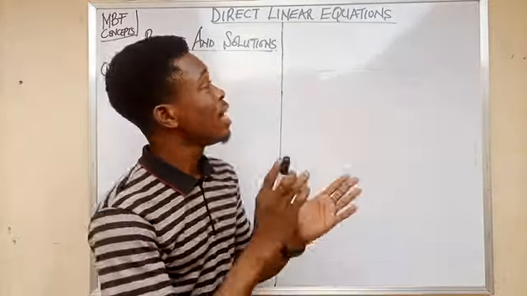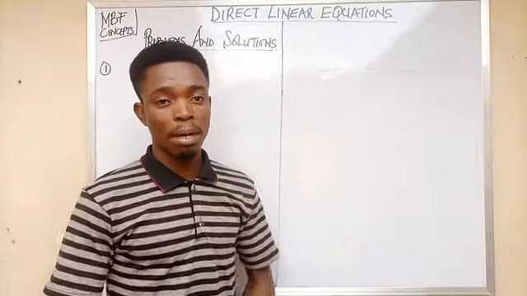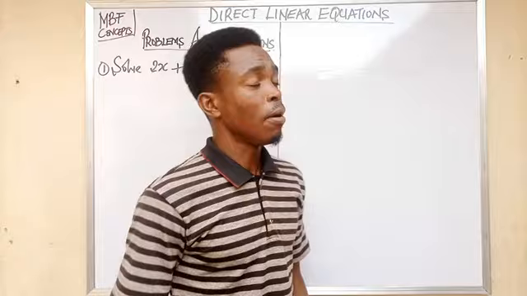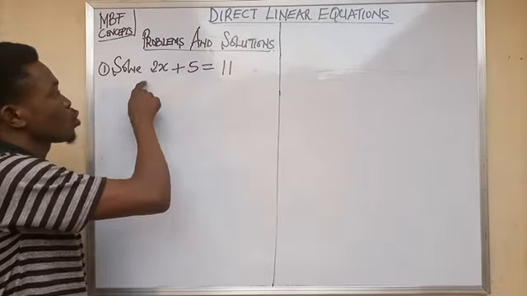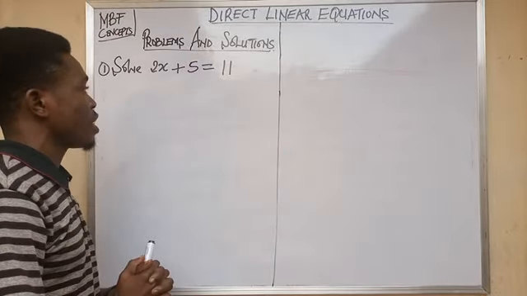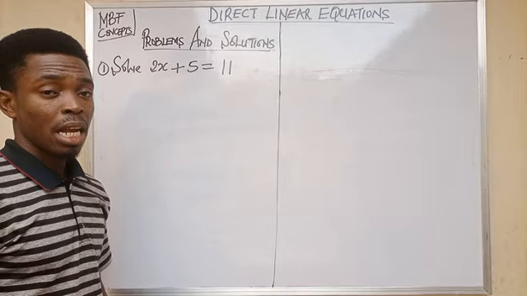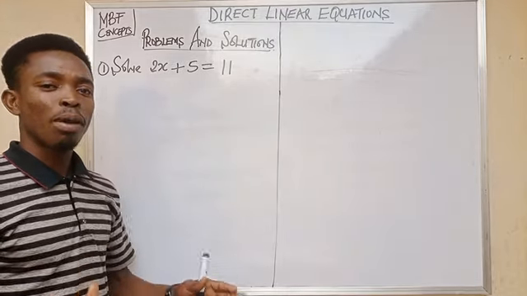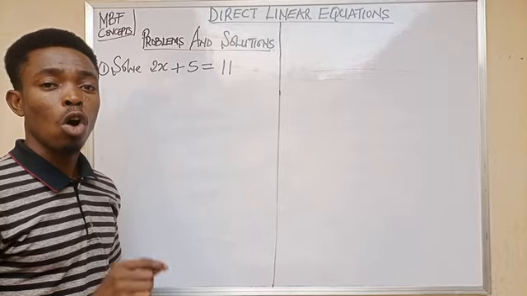So we have direct linear equation on the board, and we have question number one. So what do we do now? Question number one, we are asked to solve 2x plus 5 is equal to 11. I'm going to teach you one or two rules here that will put you on the right track.